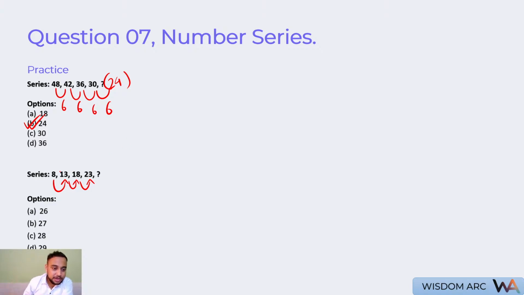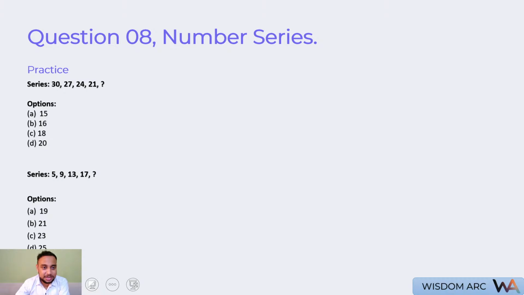What is the difference between 8 and 13? It's 5. 13 and 18 also 5. 18 and 23 is also 5. So the next difference is also going to be 5. Now here we can see it is increasing. We have to add 23 plus 5, 28. We have option C.